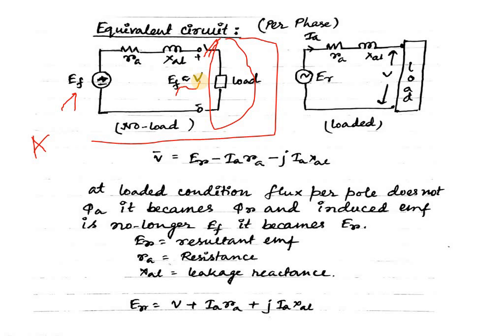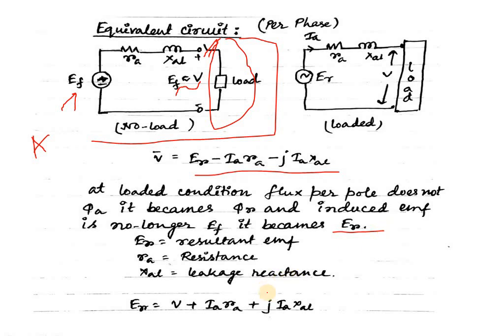So our output voltage equation will be V = ER - IARA - jIAXAL. At loaded condition, the flux per pole does not remain phi F, it becomes phi R, and the induced EMF is no longer EF, it becomes ER. ER is the resultant EMF, RA is the resistance and XAL is the leakage reactance.